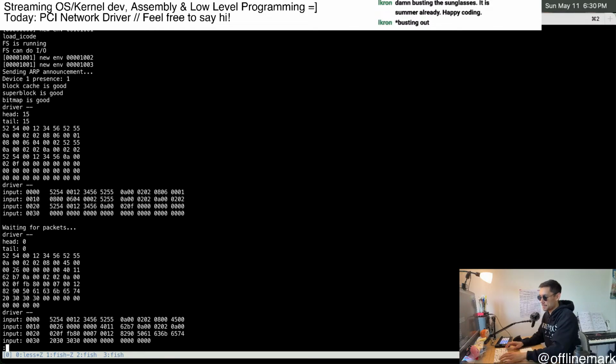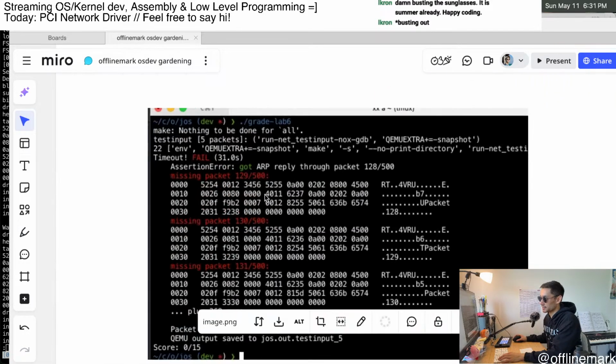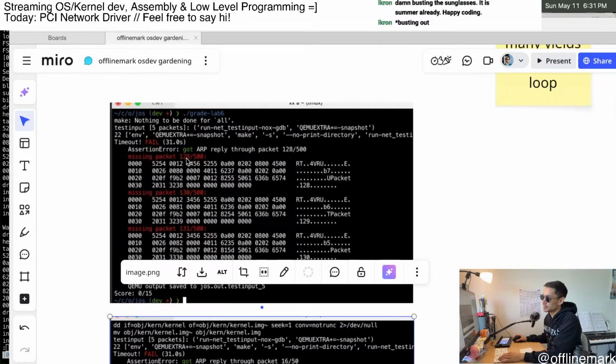So we were trying to send a lot of data. We were trying to send more data, a larger number of packets than what we have available in the descriptor ring buffer.